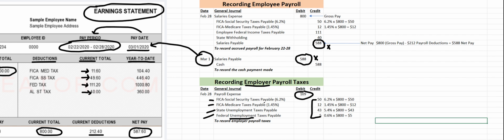Now, all of these accounts here that are credited are payable accounts. These are liability accounts because the employer is responsible for contributing to these accounts, so they're going to have to make these payments because they're liable for it. This is also why it's a payroll expense, because these are expenses that have been incurred.